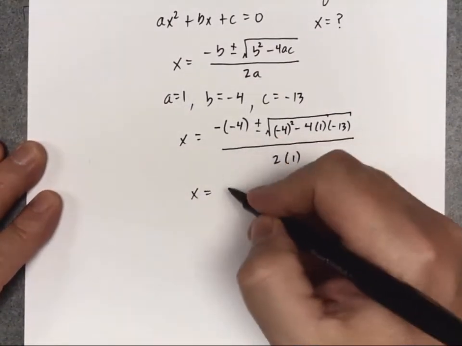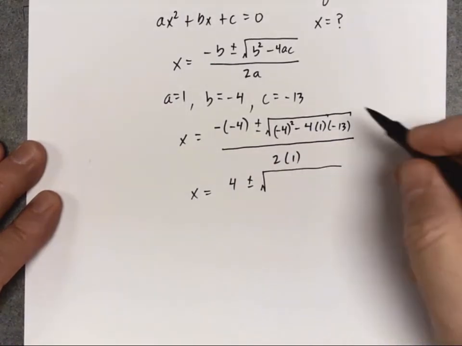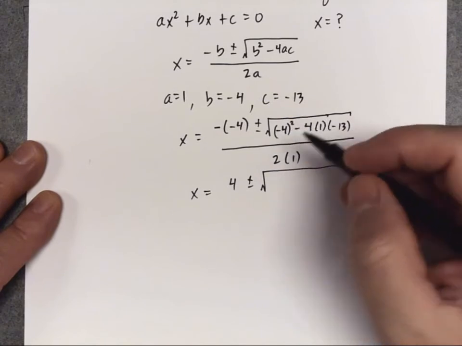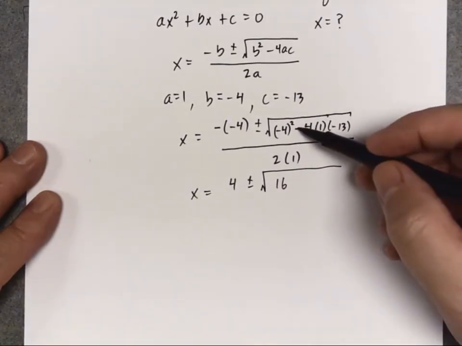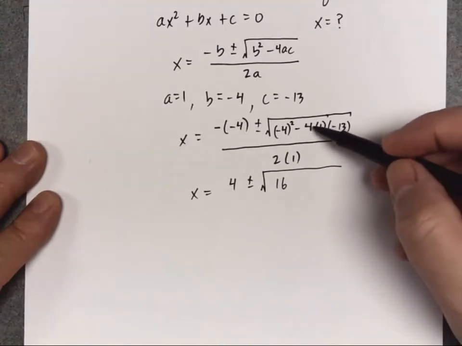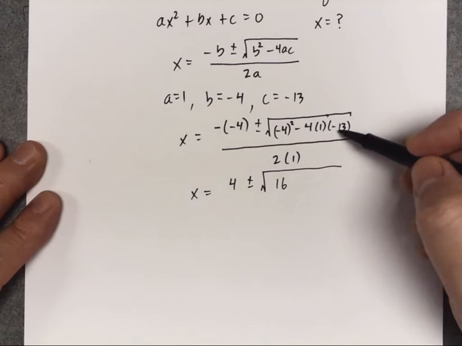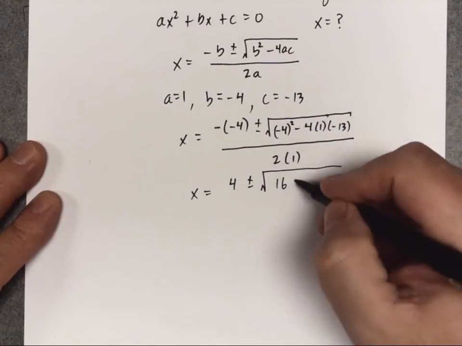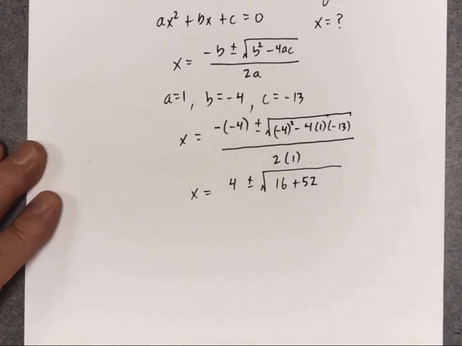A negative negative 4 is 4, so 4 plus or minus. Under the square root, negative 4 squared is 16. Now notice here I'm subtracting, and then I'm multiplying two numbers times a negative. So actually 4 times 1 times negative 13 is, I believe, negative 52, but I'm subtracting a negative 52, which means I'm really adding 52.